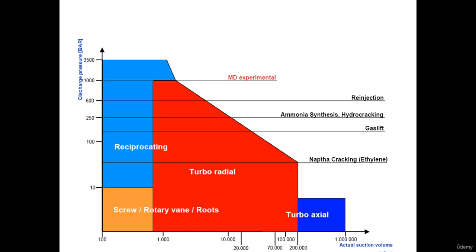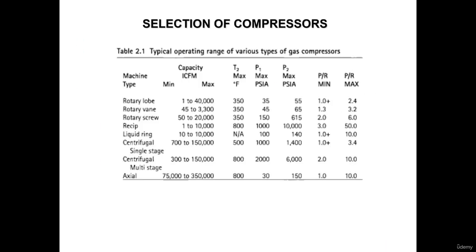Then the turbo radial comes in between, ending with the axial one, which reaches millions. So these comparison figures of flow range and pressure range we'll discuss after knowing how to operate each type. Let's start.